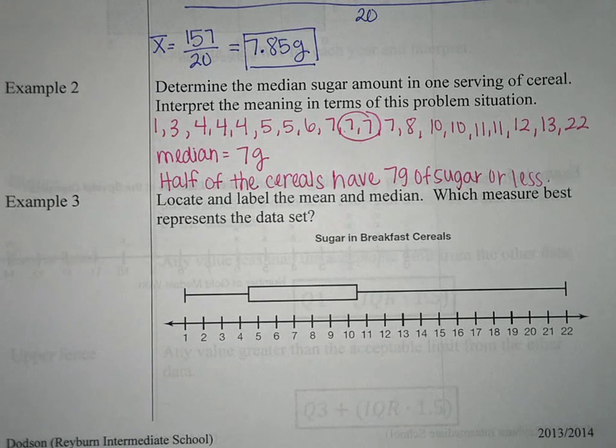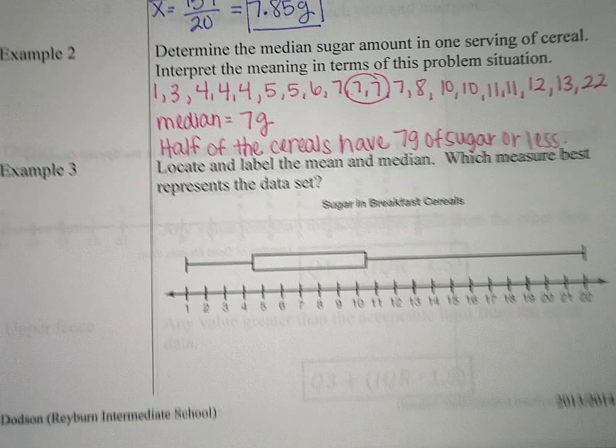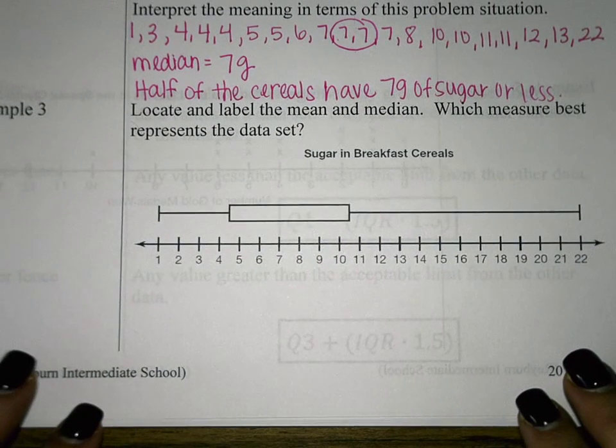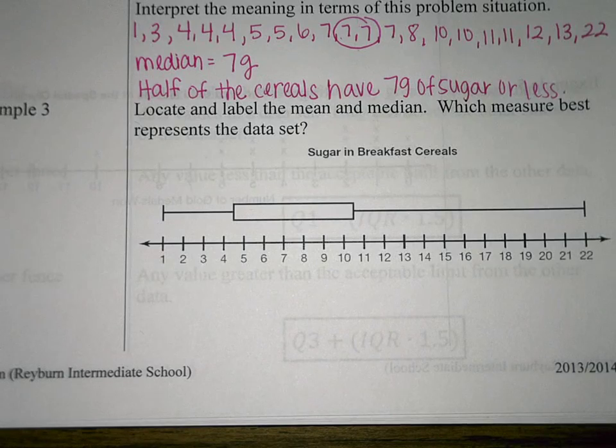So if we go to example 3, this is the box and whisker plot that we drew yesterday for our amount of cereal. And all they want us to do is label the mean and the median and which measure best represents the data set.